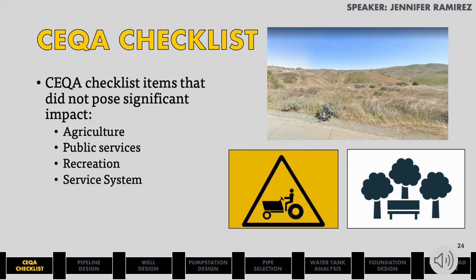This concludes the CEQA checklist to assure the proper mitigations are proceeded with to assure the least environmental impact. Now that we have finished going through the CEQA checklist, we can proceed with our other engineering design considerations.